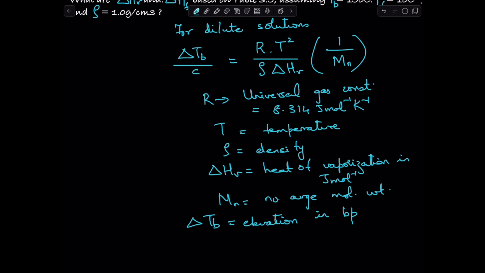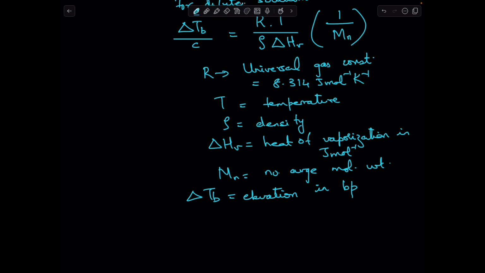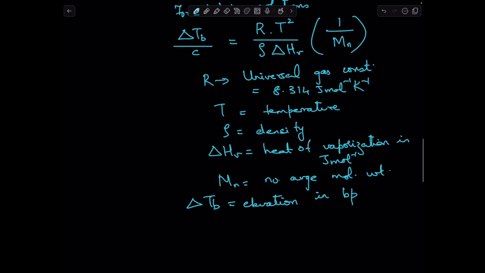R is the universal gas constant, 8.314 joules per mole per Kelvin. T is the temperature, rho is the density, delta HB is heat of vaporization in joules per mole, Mn is the number average molecular weight of the polymer, and delta TB is the elevation in boiling point.